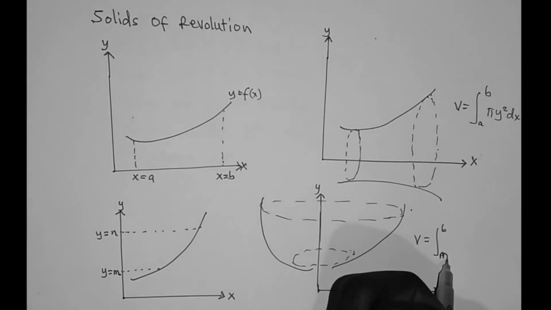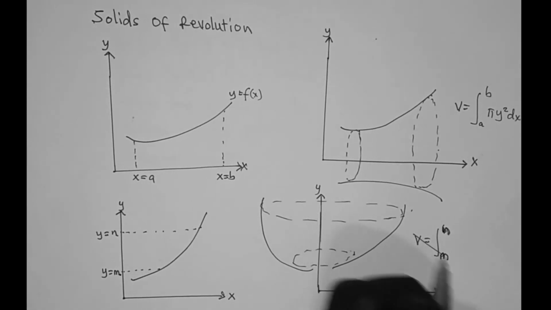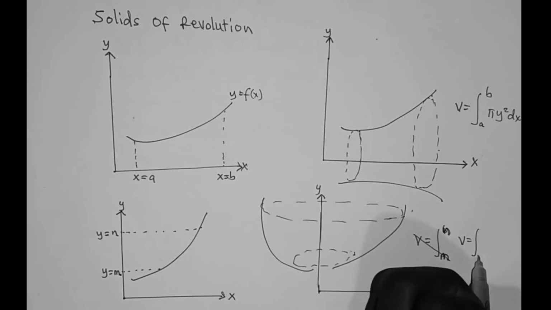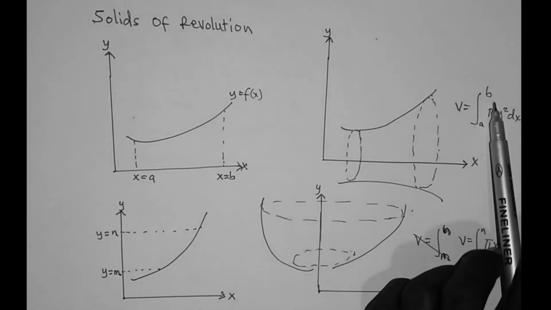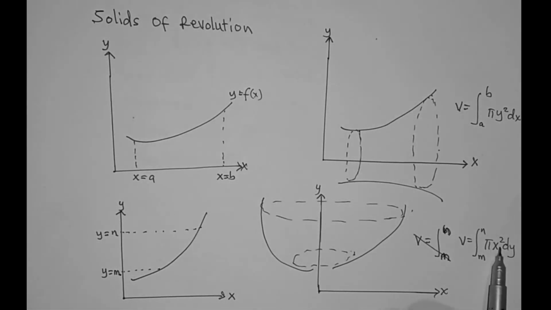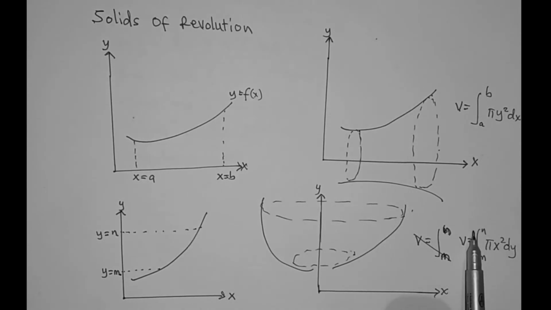So let me cancel it and write it again. The volume of the solid generated is the integral from m to n of pi x squared dy. The only thing we did is to replace the y squared with x squared and also change the limits from a to b to m to n.